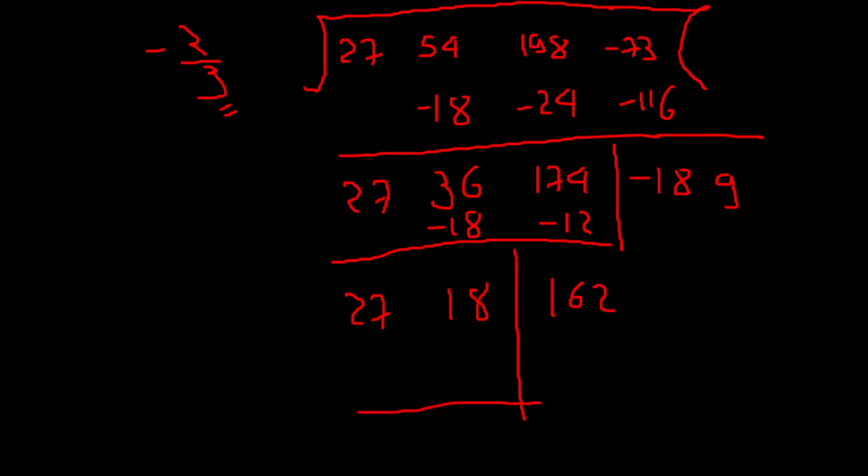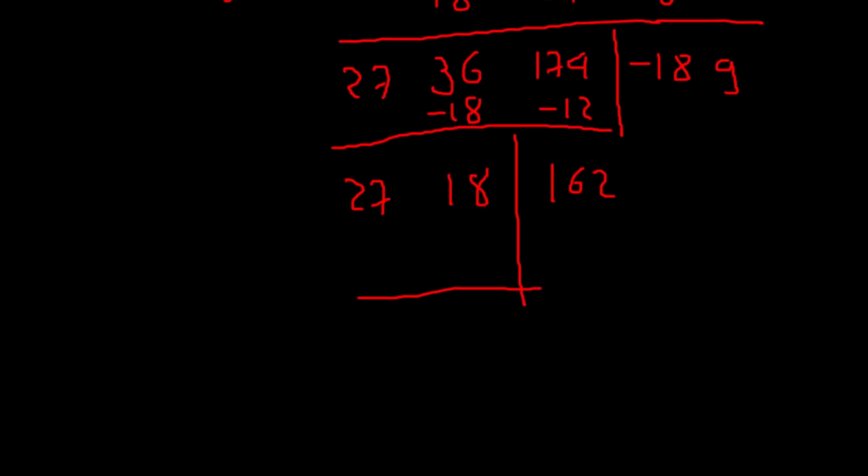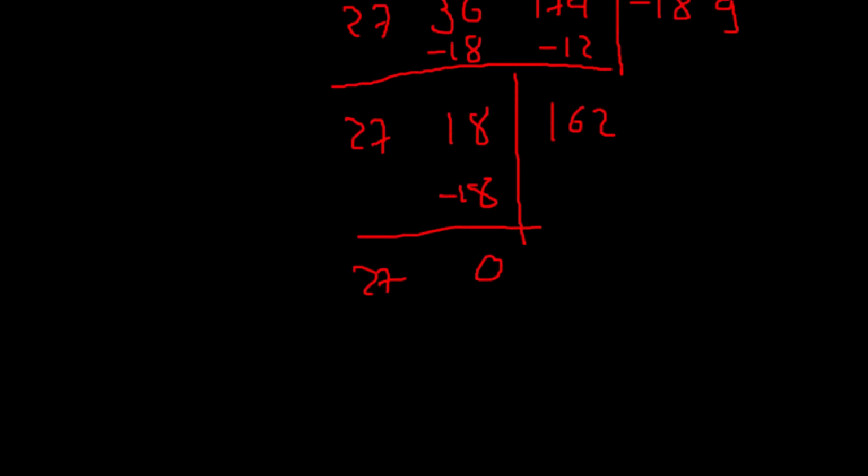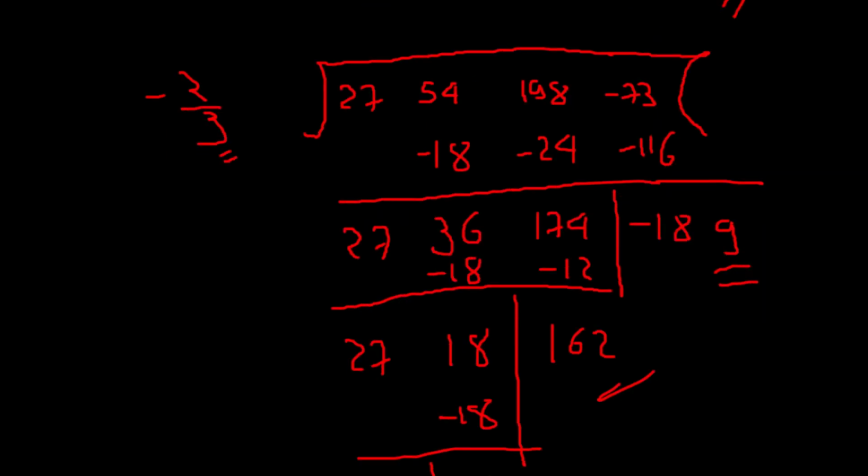I'm using a calculator as I said earlier, because why not use a calculator when you have the opportunity. 27 multiplied by minus 2 by 3 will be minus 18. So you can see that the second term is removed, and we are very close to getting our equation.